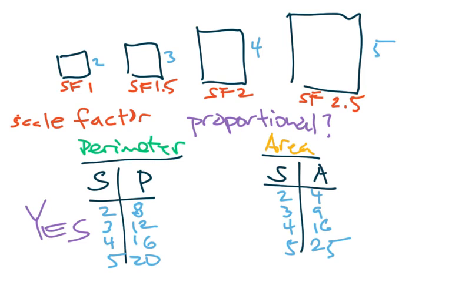Could I say 2 is to 4 as 3 is to 9? No, that's not true. How about 3 is to 9 as 4 is to 16? That's not true either. None of these are proportional. It might be linear, but it wouldn't go through the origin. Is it linear? It's interesting to think about, but we could simply say yes and no for proportional.